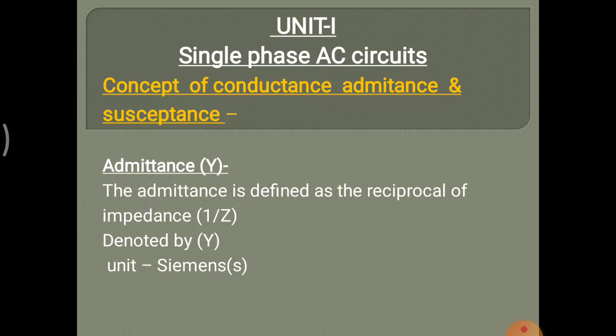We saw in previous lectures, unit number 1, single phase AC circuits. In single phase AC circuits, some basic points we saw: inductive reactance, capacitive reactance, RL series circuit, RC series circuit, RLC series circuit, their phasor diagrams, waveforms, triangles, equations.